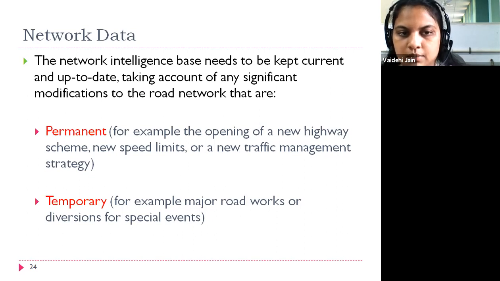Some permanent modifications, like new speed limits or new structures constructed there, should be included. And if temporary works are going on, we still need to consider them, because temporary work or special events are very problematic if we are traveling on that route.